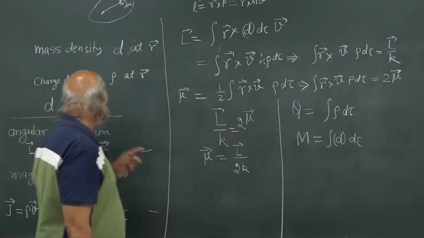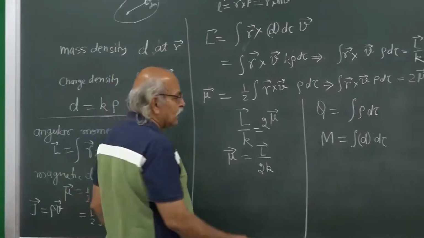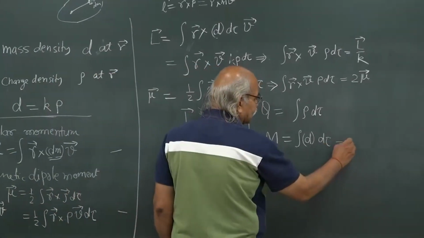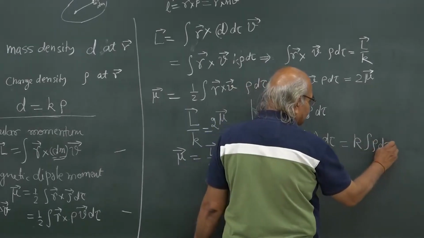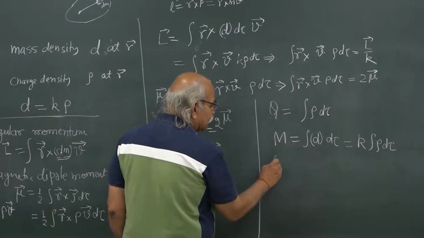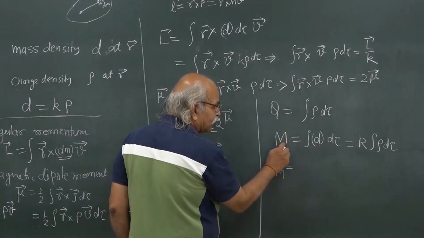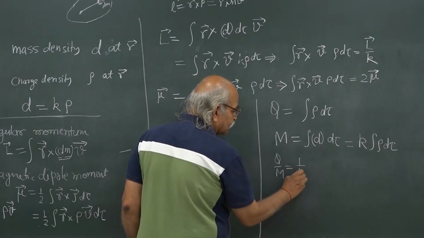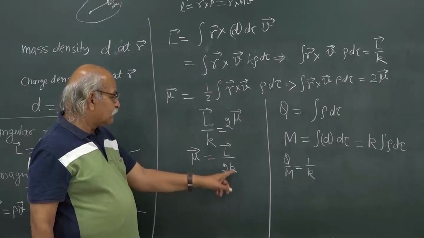And this charge density is k times rho, and k is constant. So this is k and then rho d tau. So if you divide, you get q by m is equal to 1 by k. 1 by k is q by m, and here is 1 by k.